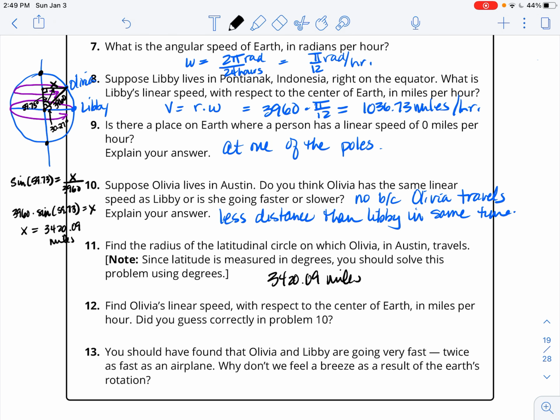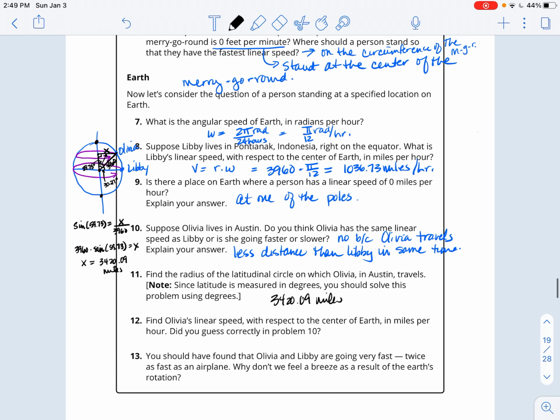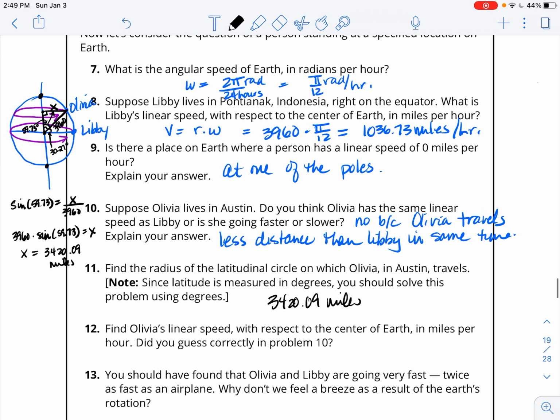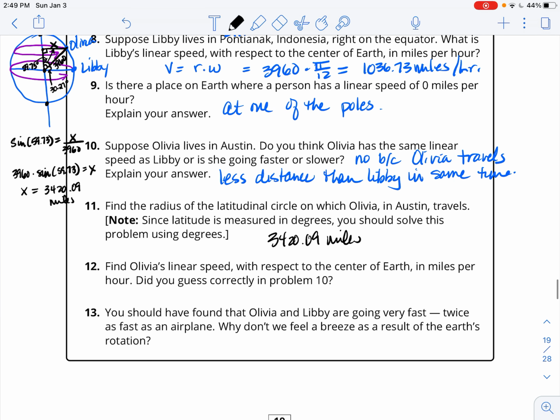All right, so Libby, living on the equator, her radius is 3,960. So Libby's radius is bigger than Olivia's radius. And so in question 12, find Olivia's linear speed.